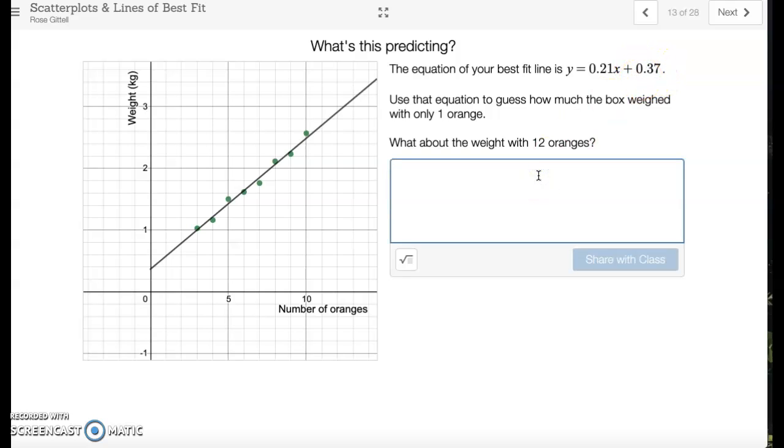Okay, so let's first describe the general trend that we notice in the line of best fit. So overall, paying attention to the units, as the number of oranges increases from left to right, the weight of the box also increases, which is what's creating this positive slope.